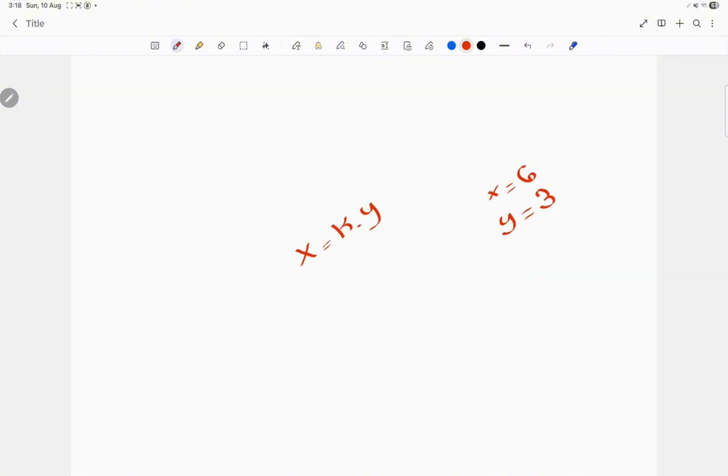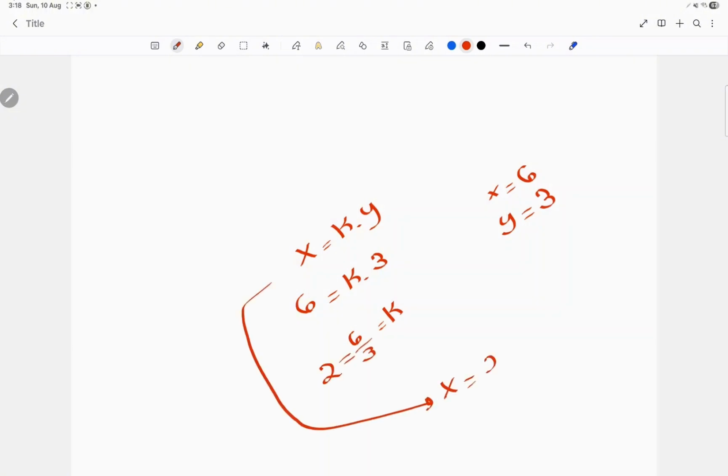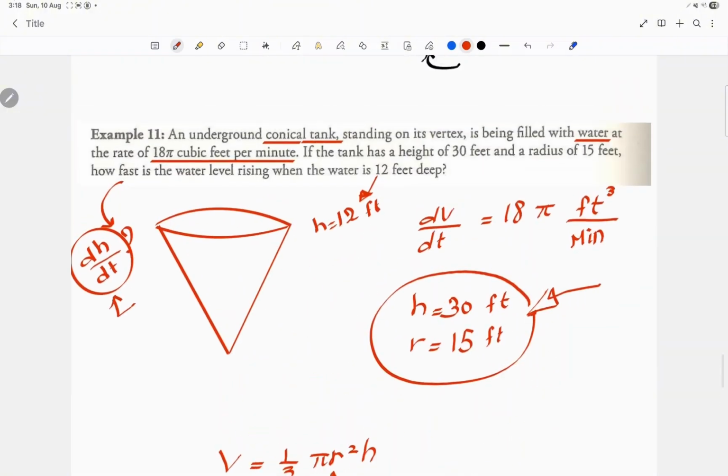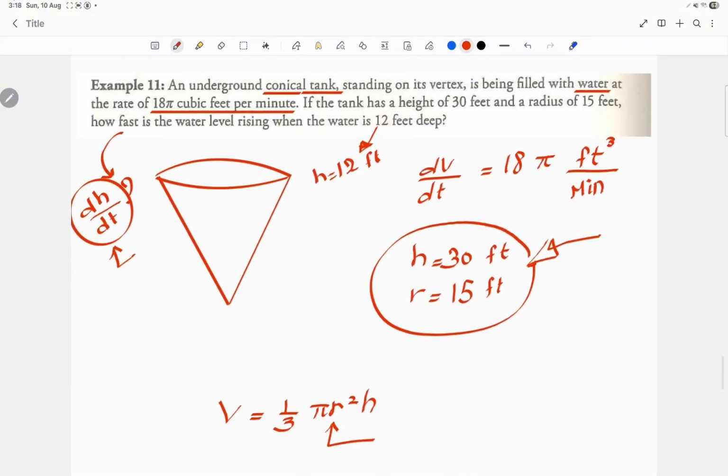So x is 6, k is unknown, and y is 3. So k is equal to 6 over 3, which is 2. So essentially, you will say x is equal to 2 times y. Do you guys get that part? It's just math. Why do you put a k? It's a constant. We have to find the constant.